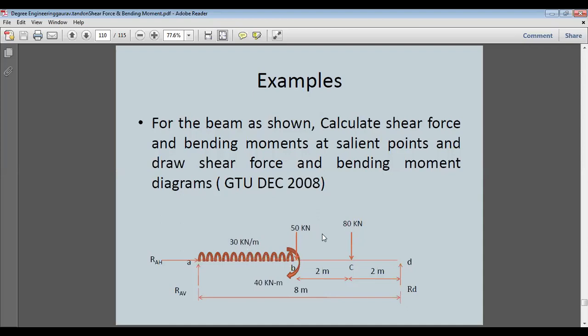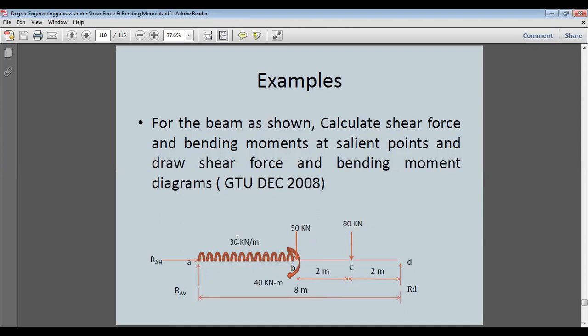So we are having now 1 point load, 2 point load, and 3 point load: 80 kilonewton, 50 kilonewton, and 120 kilonewton downwards. Similarly, RA plus RD, that is RAV plus RD, must be equal to 120 plus 50 plus 80, that is 250.